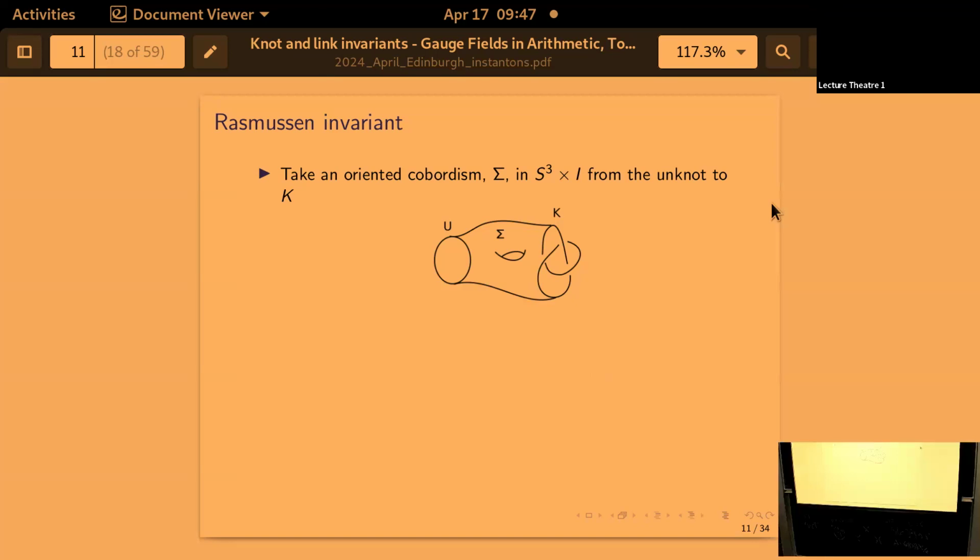which is called the Rasmussen invariant. This is not the way Rasmussen defined it, but this is the way that's going to be more consistent with some other definitions we'll have later. So the Rasmussen invariant is going to be an invariant of knots that works like this.